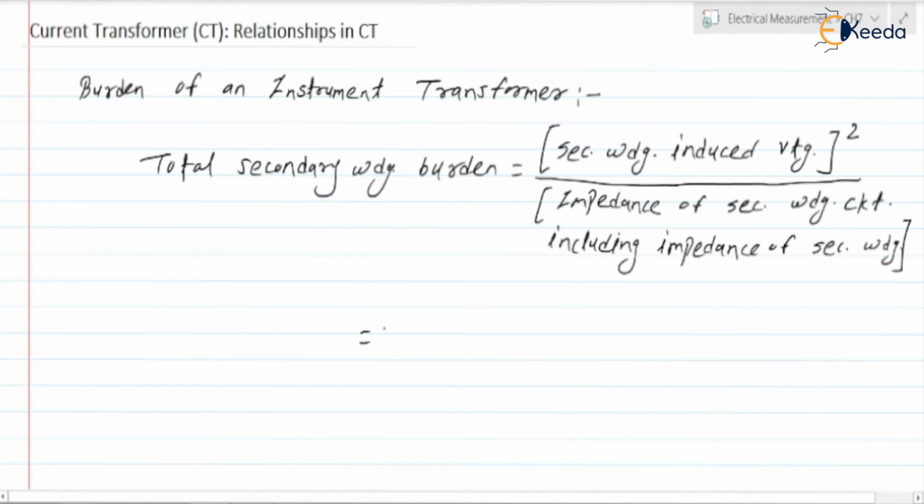It is also expressed in terms of I square into Z, which is equal to the secondary winding current squared, into the impedance of the secondary winding circuit including the impedance of the secondary winding.